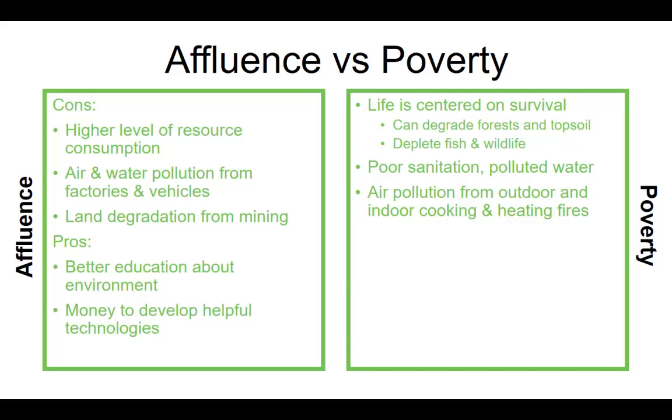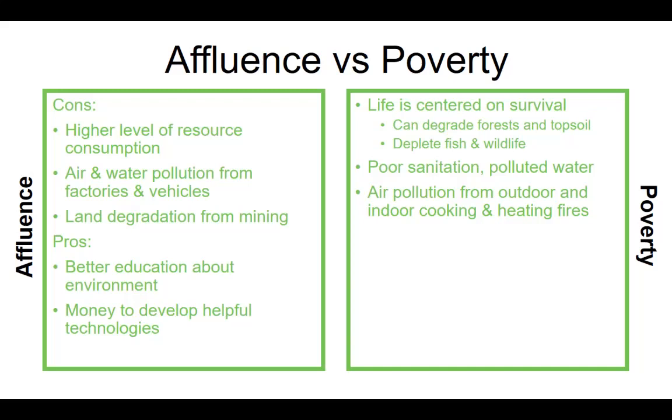Okay. They're going to do what they need to do to go ahead and feed their family and keep them going and alive. And sometimes that includes degrading forests or topsoil so they can produce farms, so that they can sell off materials to help support their families. This will include depleting fish and wildlife populations, again, for food or for income.